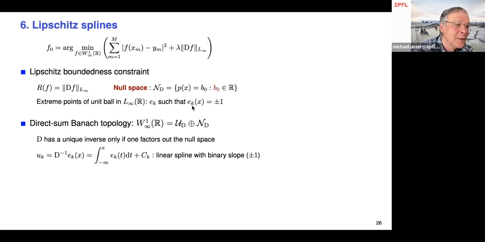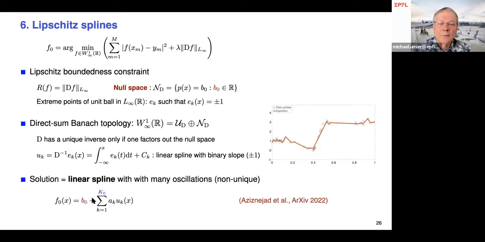They are functions that are either 1 or -1, that can alternate in wild fashion. But if I integrate those extreme points, I get those U guys, which are piecewise linear with slopes plus or minus 1. Then I get a solution like that, also piecewise linear but possibly with many more jumps, which can be characterized explicitly. We also have an algorithm that can give you the sparsest solution, because this kind of solution is not necessarily unique for that optimization problem.